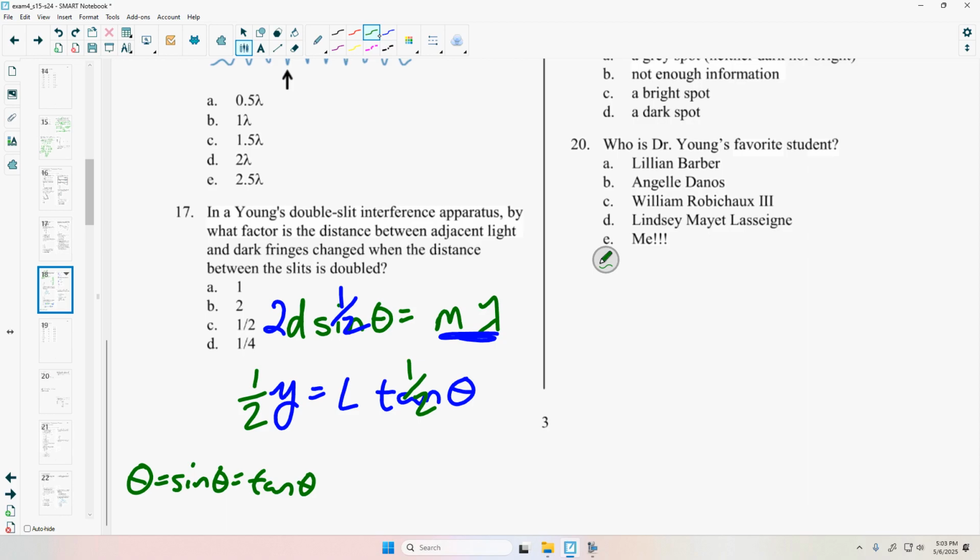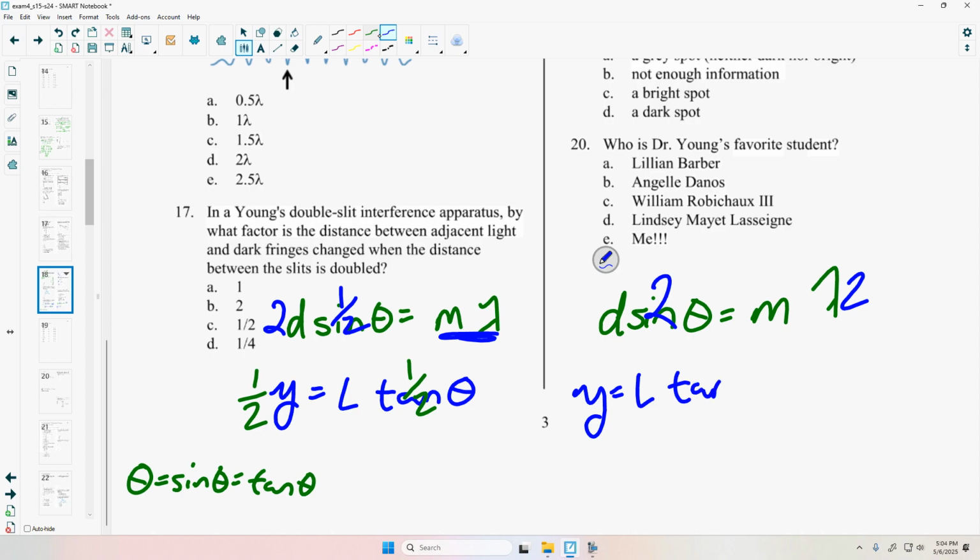Yeah, well, if lambda changed, let's try that. So I could say d sine theta equals m lambda. Remember when I did the red and the green lasers on the board, and we saw that one of them had a wider pattern? Let's say that I increase lambda by a factor of 2. That means that sine theta changes by what amount? 2 as well. And so y is equal to L tan theta.